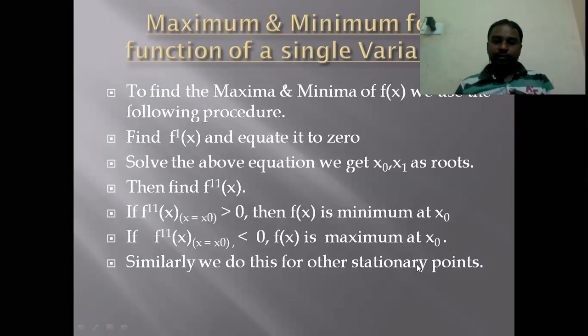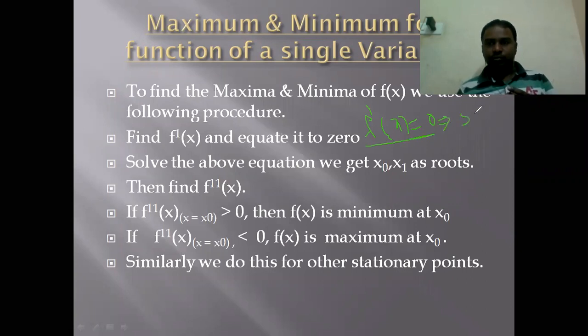We find the derivative of the function, f dash of x, and equate it to 0. You differentiate with respect to x, equate to 0, and solve this equation. Obviously we are going to get some roots.